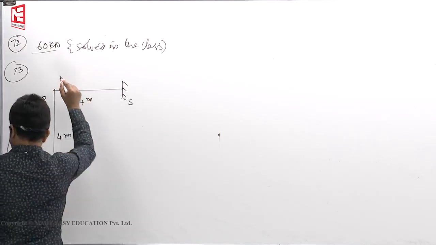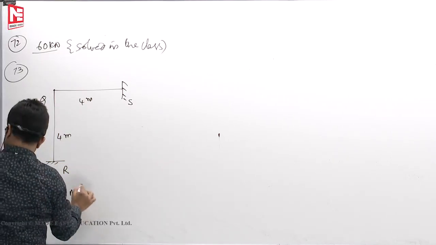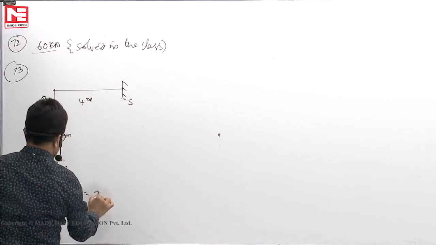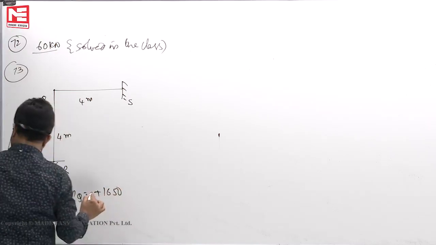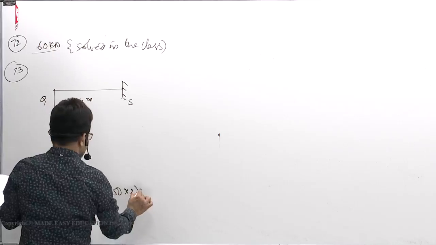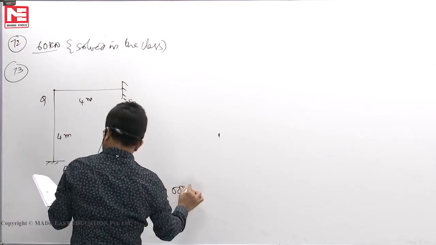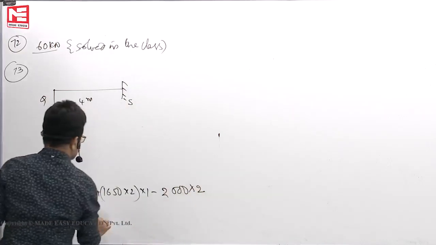There was an overhang. So moment at Q, if you want to find, clockwise moment plus 1650 kilonewtons per meter into 2 is the total load into 1, clockwise moment minus 2000 kilonewton into 2.